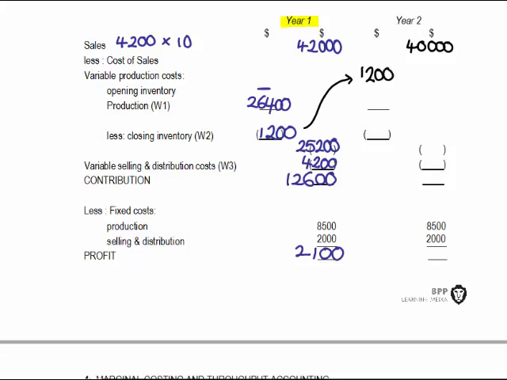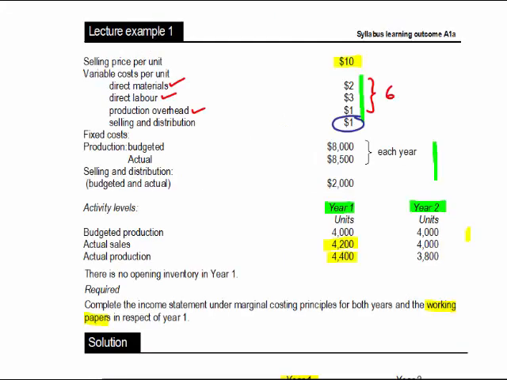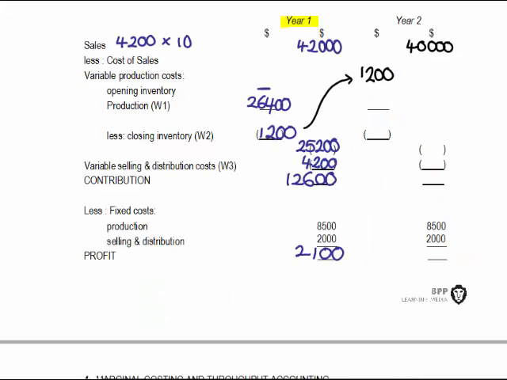And the production costs, well, this time we've produced 3,800 units. So 3,800 units at a marginal cost of $6 is equal to $22,800. So let's pop that in there. We've got $22,800.